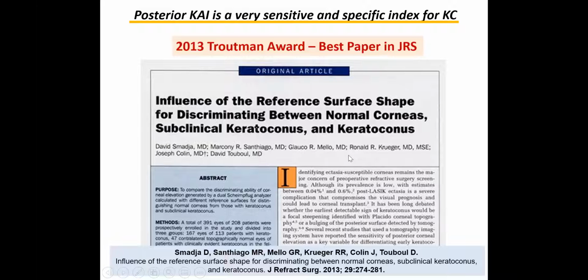Well, they decided to study that index I created in November 2009, and they went much farther than me. They got the Truman Award for the best paper in the Journal of Refractive Surgery in 2013.